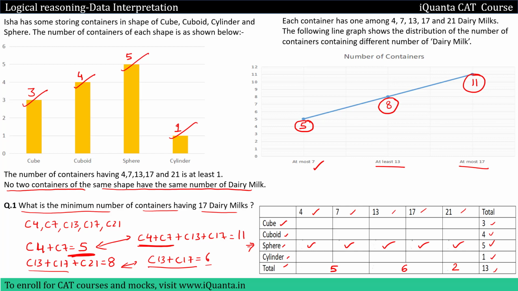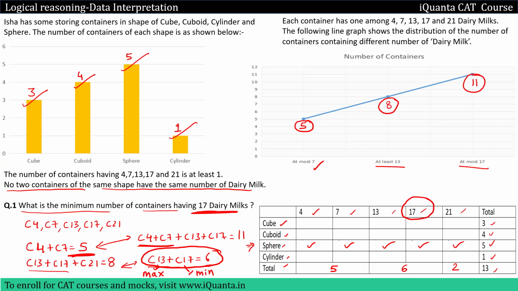What we are trying to do according to the question is minimize the number of containers having 17 dairy milk. So this should be our focus. And relating to C17, we have this equation over here, C13 plus C17 equal to 6. Since I am trying to minimize the number of containers having 17 chocolates, I will have to maximize the number of containers having C13, that means 13 chocolates. So what can be the maximum number of containers having 13 chocolates?